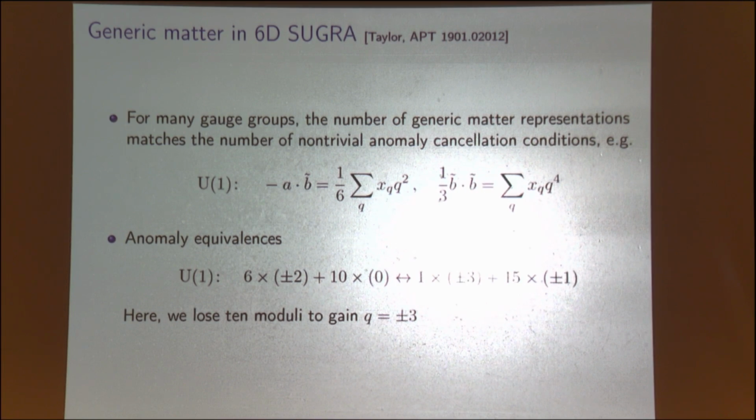And then you can move to a point or to a smaller dimensional branch on which you will have a charge 3 and 15 charge 1s. So this is distinct from the picture for generic gauge groups where tuned gauge groups live on a subspace of the space that contains the generic gauge group. Here, these live on different branches.